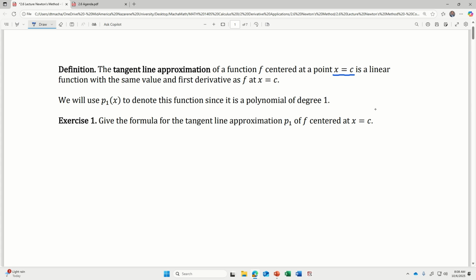And occasionally, as you continue to take classes, especially Calculus 2, we use a lowercase p with a little subscript 1 to denote this function, because since it's a line, it is a polynomial of degree 1.